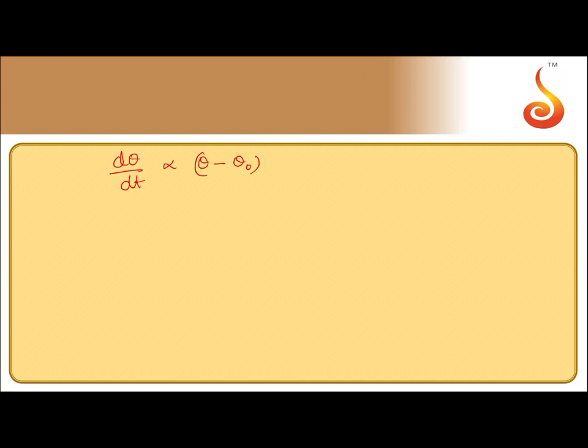So for the first case they have given it cools from 60 to 50 in 10 minutes. That should be proportional to average temperature between 60 and 50, which is 55, minus surrounding temperature 25.